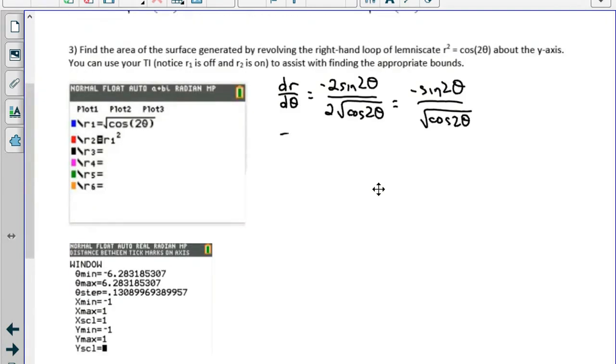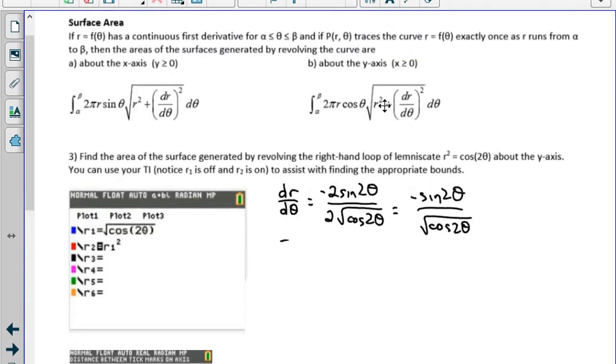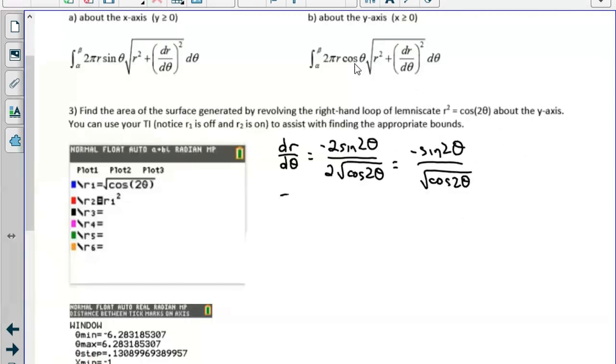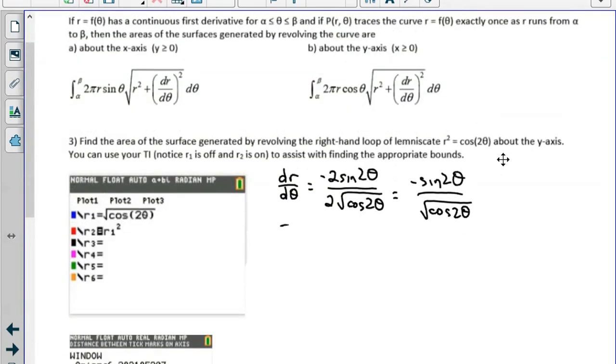So first thing I want to do is find dr/d theta, because I need it for the formula. I could take r from over here and take the derivative of that with respect to theta, or I can do the derivative of r squared implicitly.